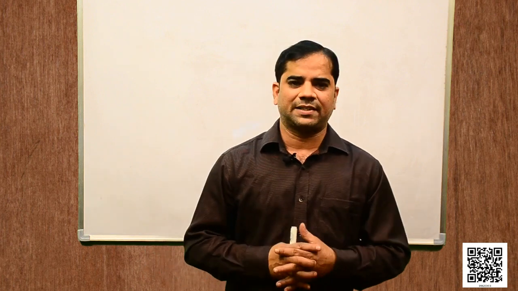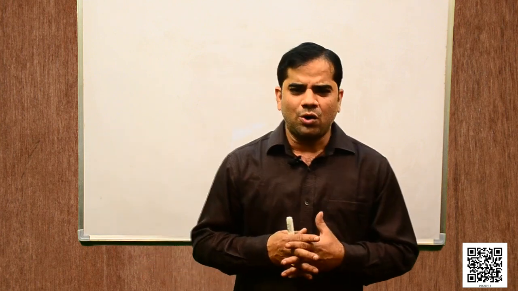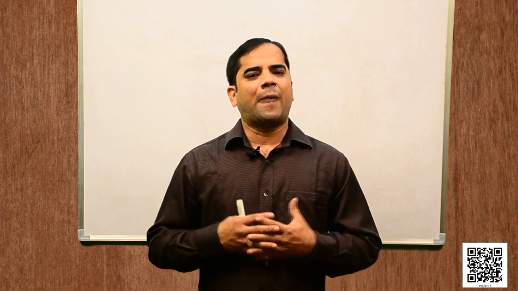Students, let us now discuss exercise 13.2. For this exercise, we need to assume pi as 22/7 unless stated otherwise. That means if the value of pi is given as 3.14 in some cases, we need to take the value of pi as 3.14, otherwise value of pi is to be taken as 22/7.